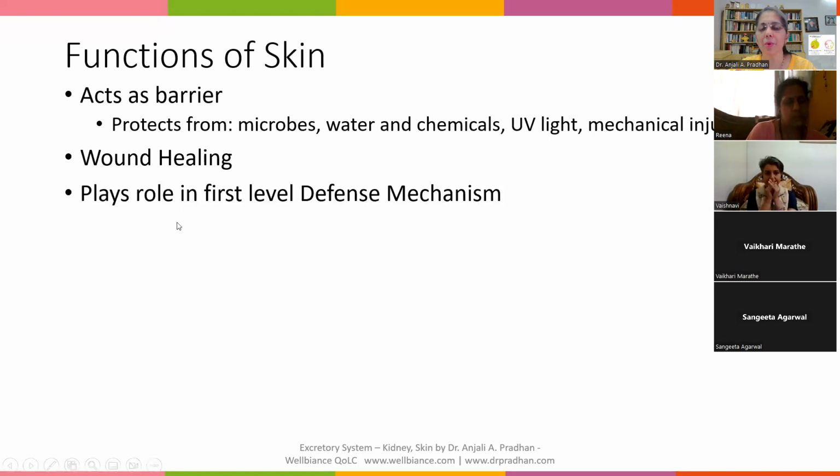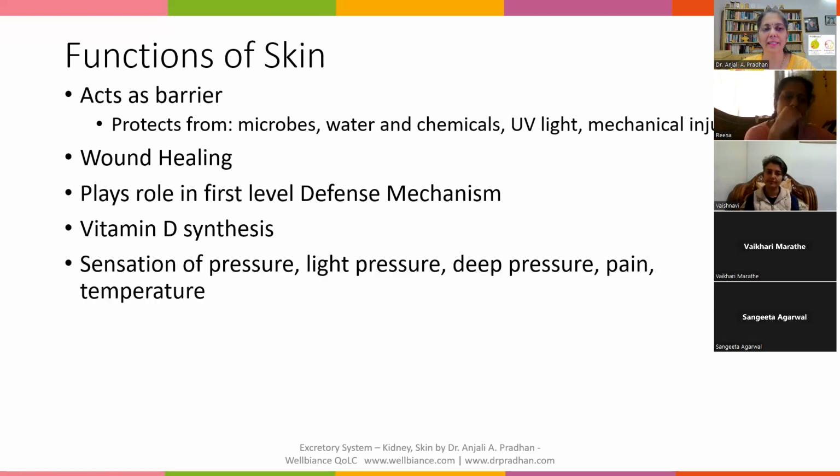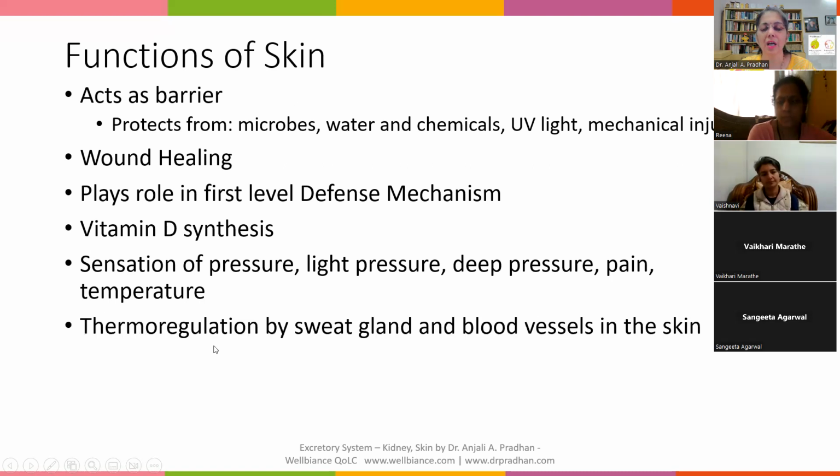Then it plays an important role in defense mechanism, vitamin D synthesis in presence of sunlight, sensation of pressure, light pressure, deep pressure, pain and temperature because of the supply of nerves.